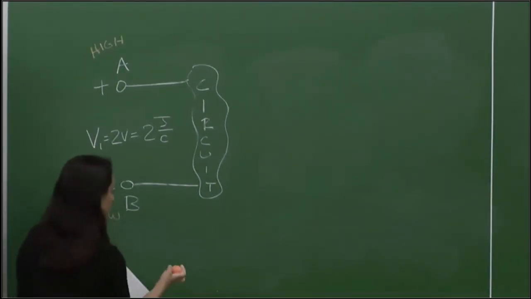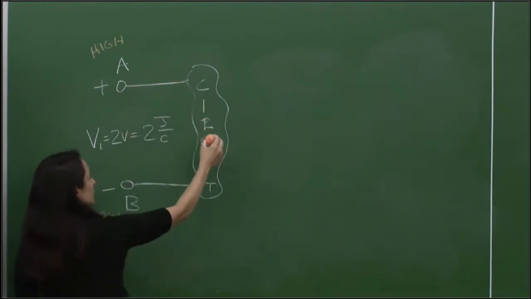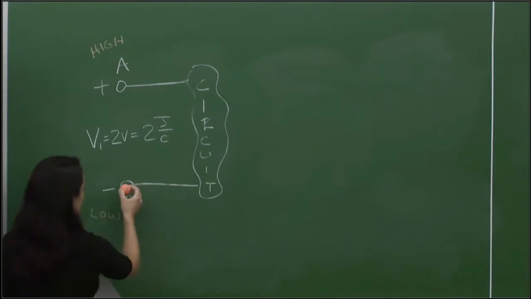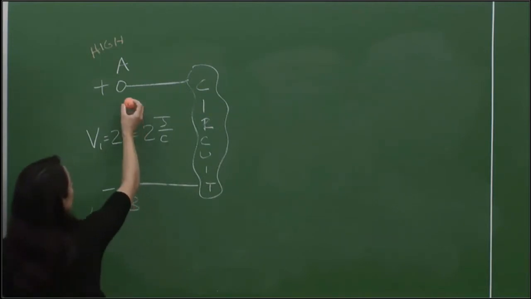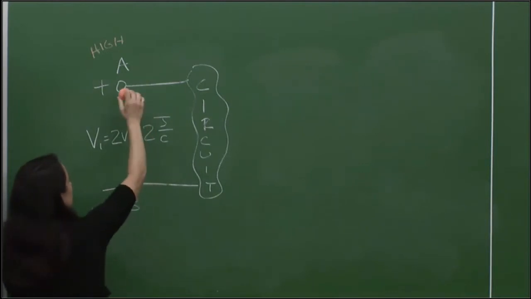And so if I took my coulomb, and he started at point A, and he went through whatever's going on in our black box circuit, and came out at point B, he'd be starting at a higher energy level. There's still just one of him per second, some coulombs per second. He's got a whole lot of energy.